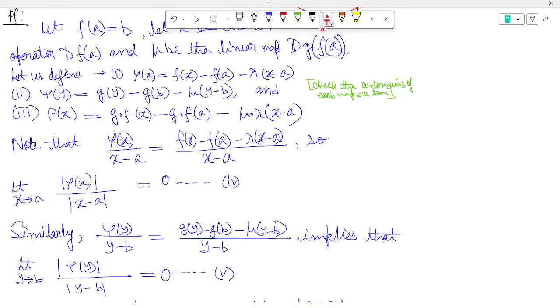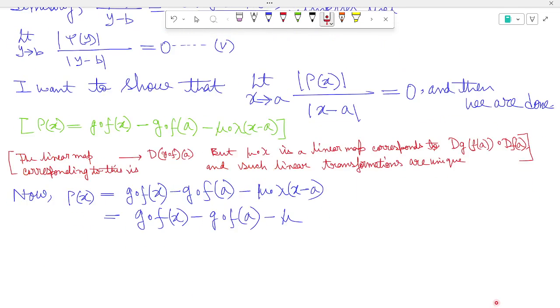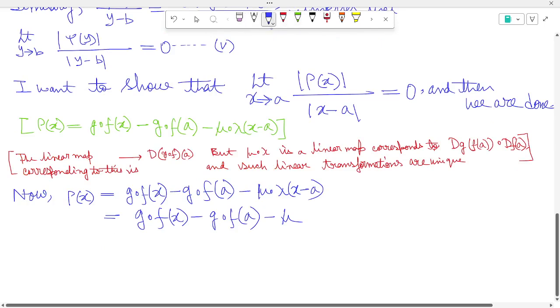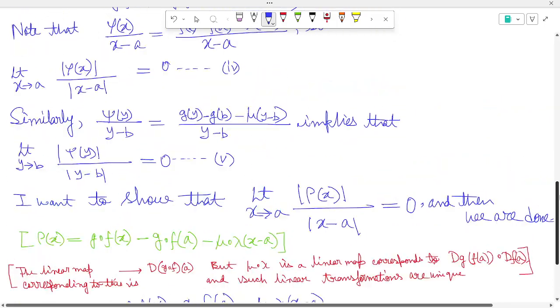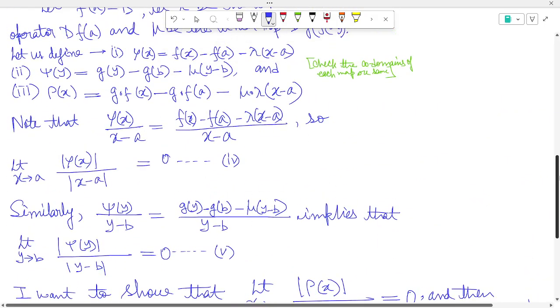So from there, psi x minus Fx minus Fa. Mu of lambda.